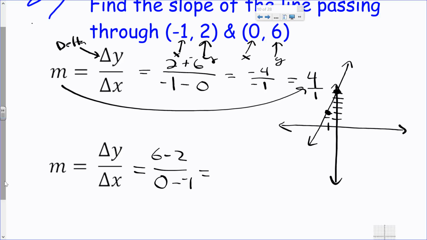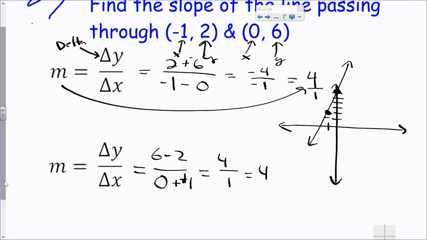Because that's what your x is, a negative 1. Notice it still comes out to 4. 6 minus 2, 4. 0 minus a negative 1 is really 0 plus 1, which is just 1. So it's just 4. It doesn't matter which ordered pair you use first in the order that you substitute into the formula. That's the point here.